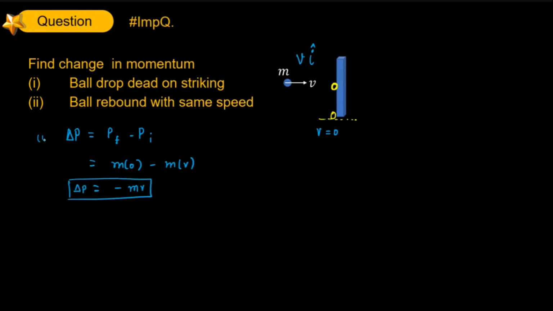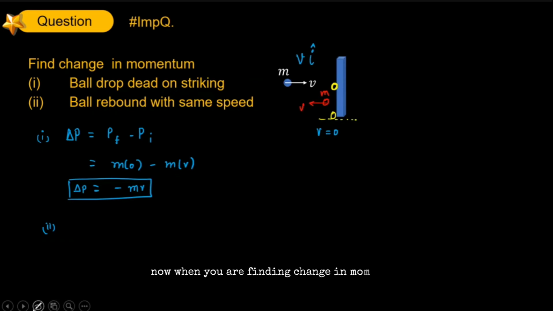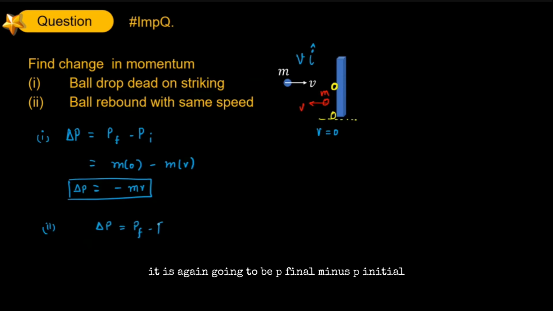In the second case, the ball rebounds with the same speed, the question says. So after this, the ball is moving in the opposite direction with speed v. When finding the change in momentum, it is again P final minus P initial, but P final is written as m times negative v, because its direction is negative i cap.